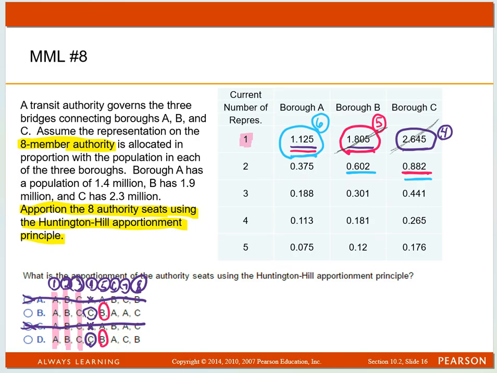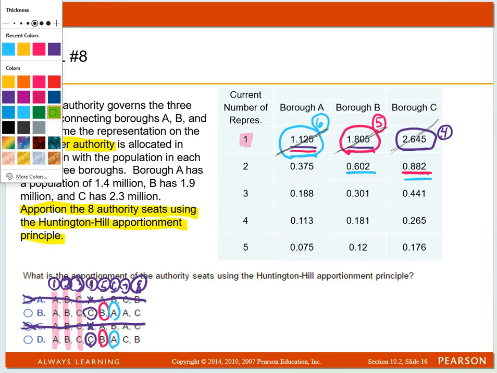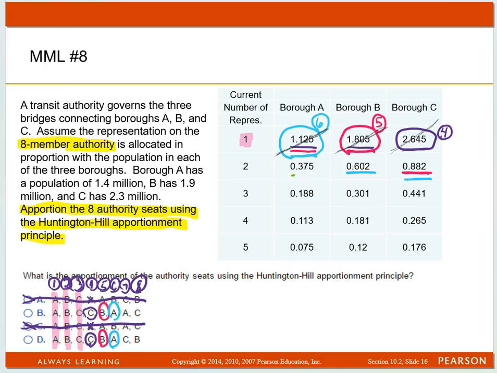And under the number 6 down here, well, they're both A's. But it looks like on the next one I should be able to make the decision because on seat 7, it's either A or C. Okay, so let's see. I used that one. I can't use this number again, so I just cross it out to make sure. Nope, can't use it. And now I'm going to compare, let's go with the green color, this number, because now borough A is on their second seat.